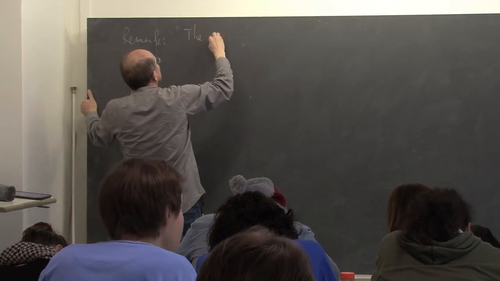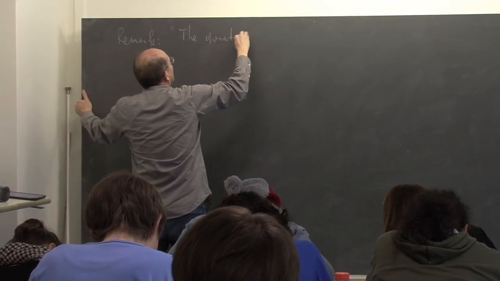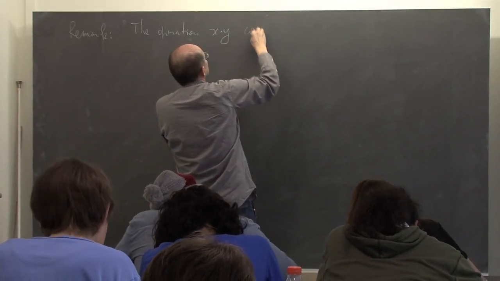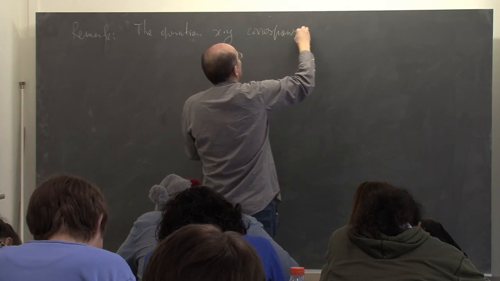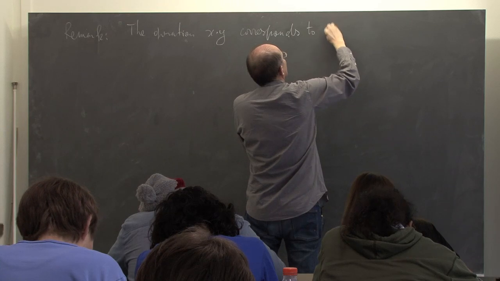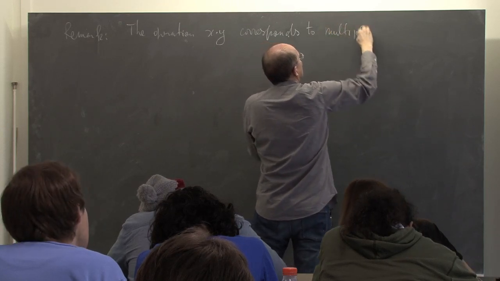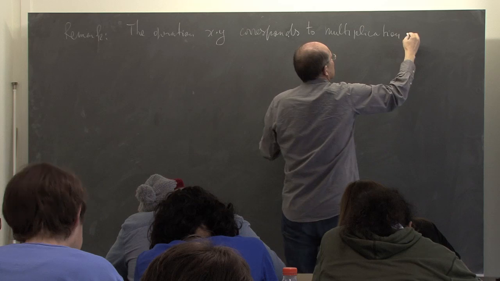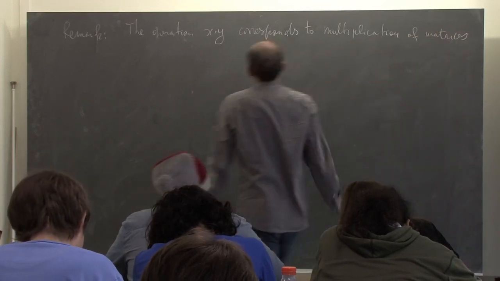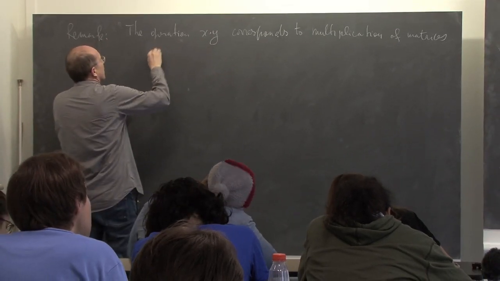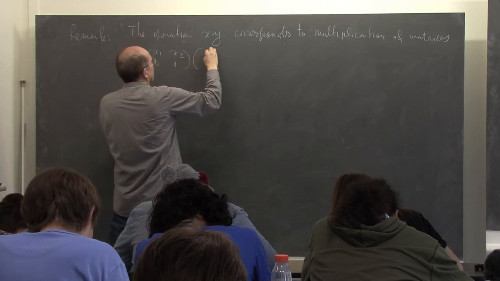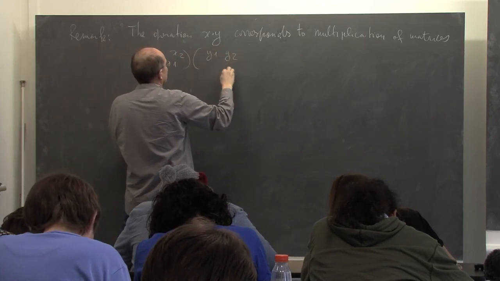The operation x dot y corresponds to multiplication of matrices. x1, x2, 0, 1 times y1, y2, 1.